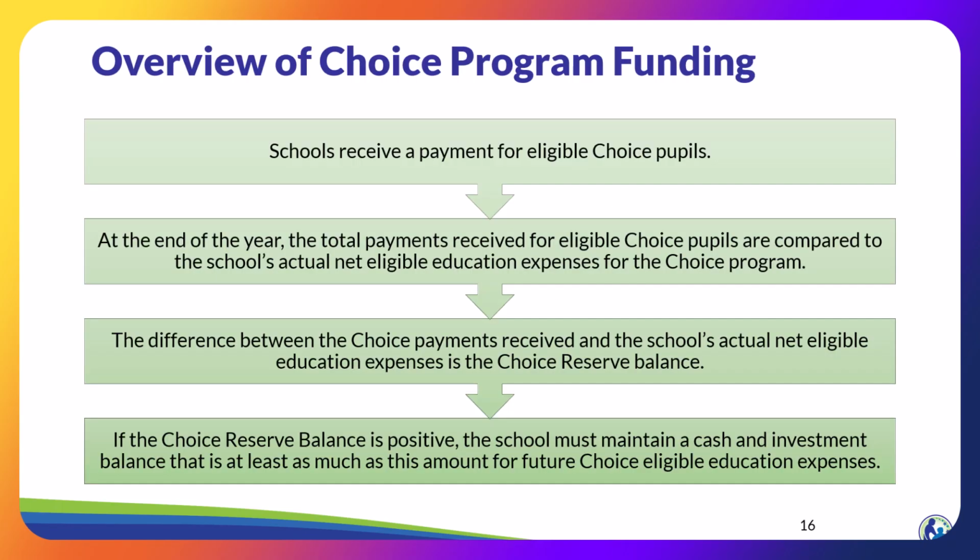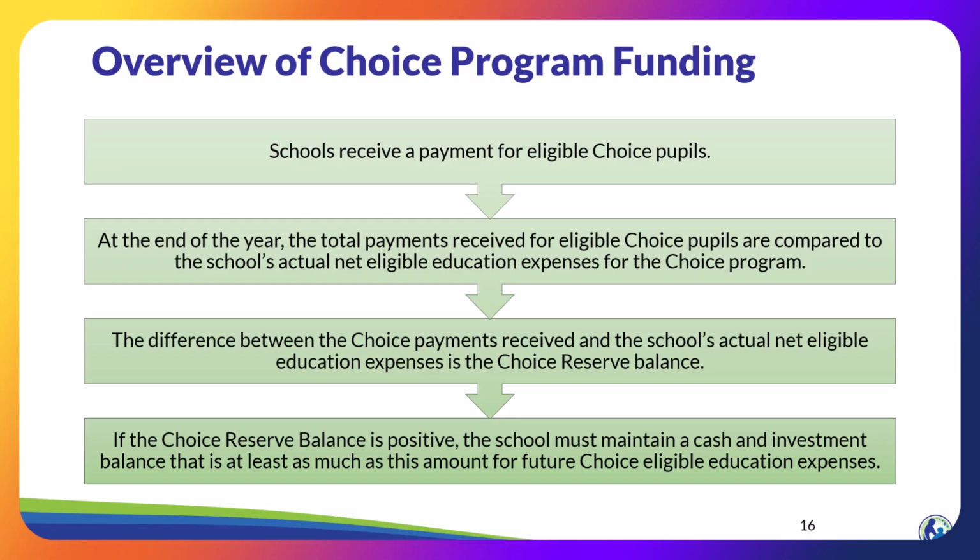During the school year, your school will receive a payment for eligible choice pupils. At the end of the year, the total payments received for eligible choice pupils are compared to the school's actual net eligible education expenses for the choice program.